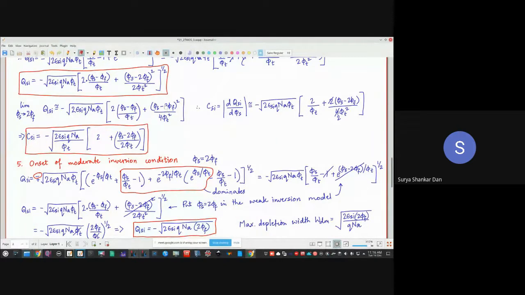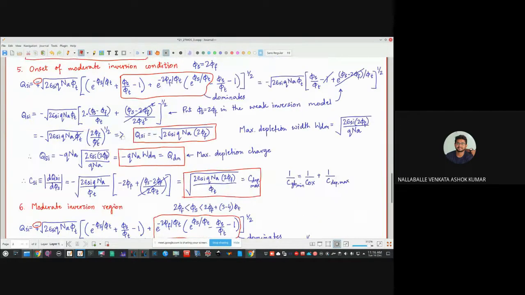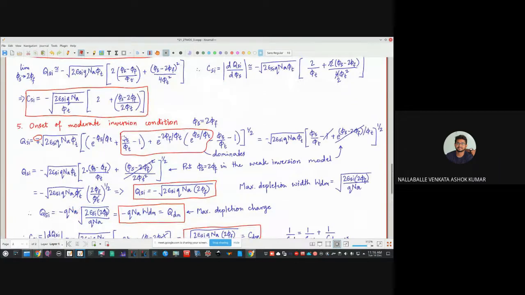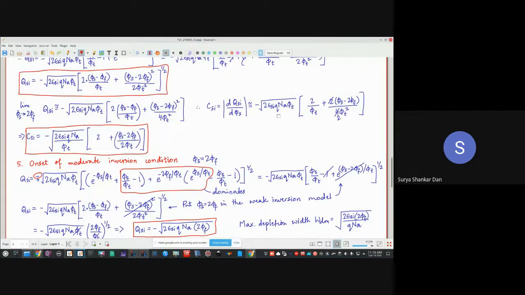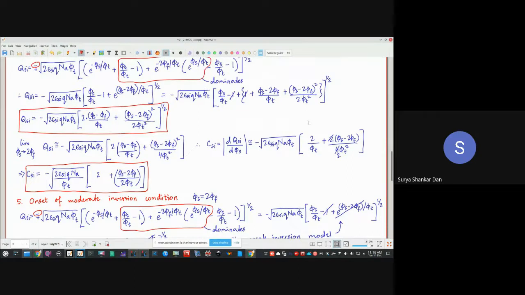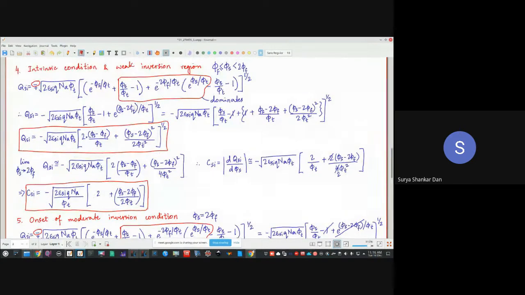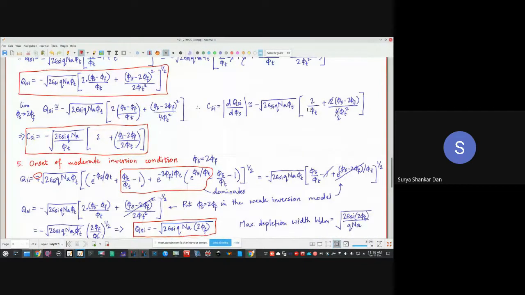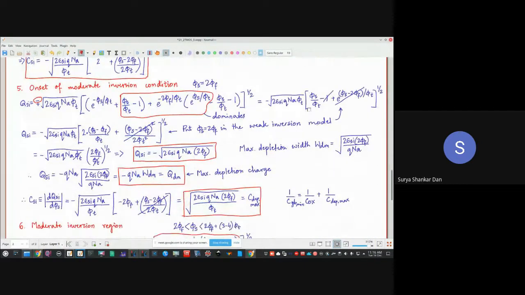If we do that, then basically this effect over here is simply lost. And the limit phi s tends to 2 phi f is beneficial for us to make this approximation a binomial approximation. So that is basically what we are speaking about here: why, instead of this exponential, are we choosing only this binomial expansion?